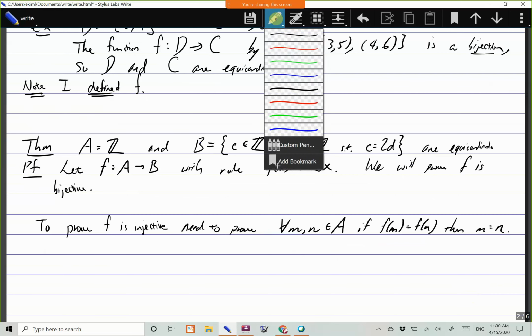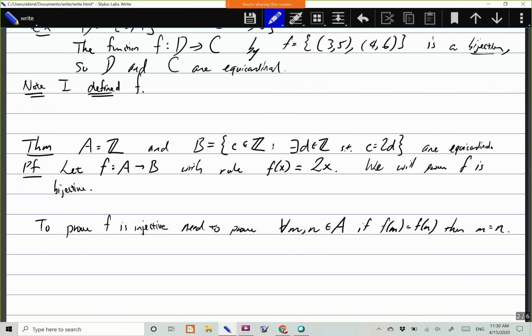So let's prove it, right? To prove this double for all, the usual thing, we let, allow the reader to arbitrarily pick whatever two things from capital A they want, and then now we need to prove an implication. So we should assume f of m equals f of n, and then we want to show m is equal to n, right?